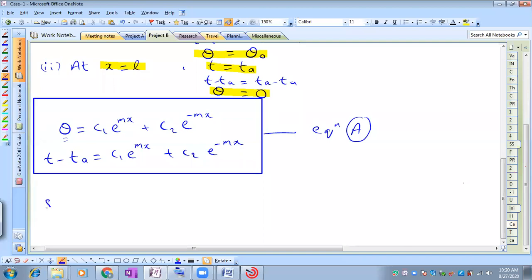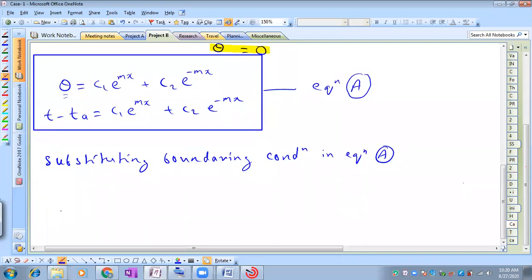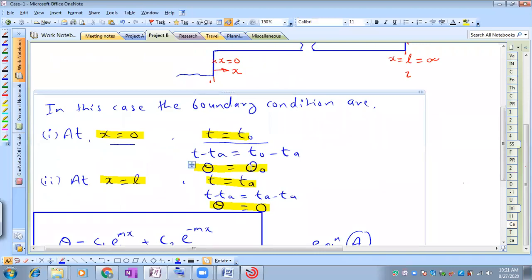Substituting the boundary condition in equation number A. The first boundary condition is at x is equal to 0, theta is equal to theta 0.